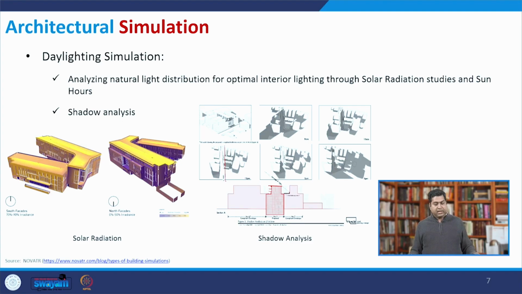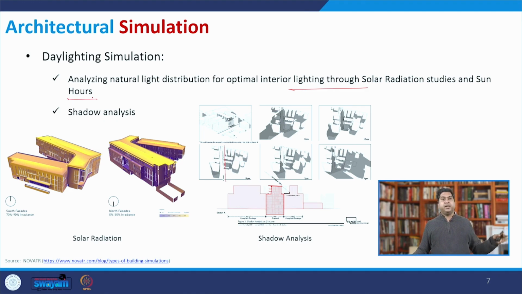Now coming to daylight simulation, there is software available which helps to understand the sun path movement, the location of the building, and the relationship between the location, orientation of the building and the sun path. In this case, it helps in analyzing natural light distribution for optimal interior lighting through solar radiation studies and sun hours.